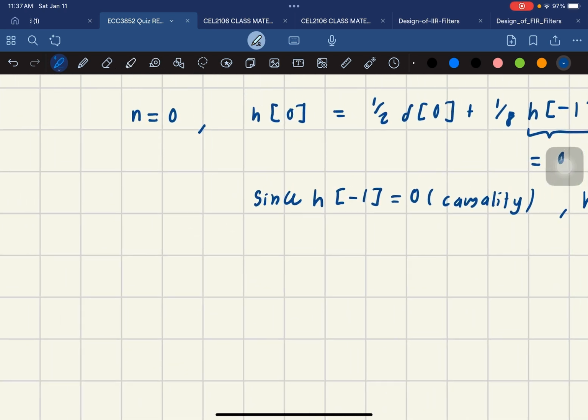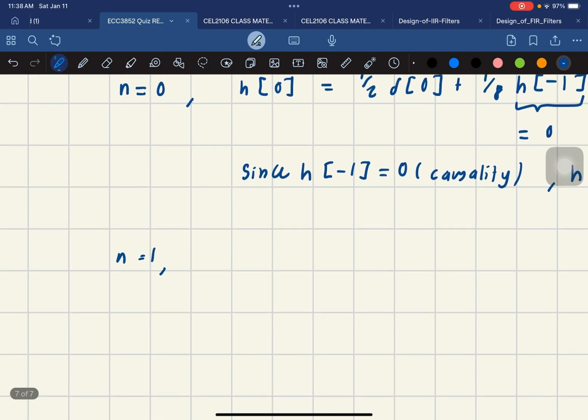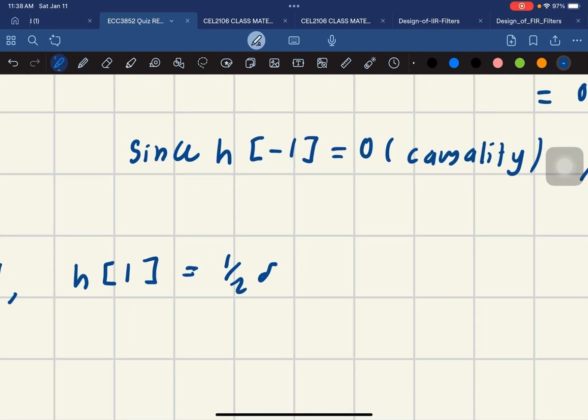Okay, so for n equal to 1, h1 is equal to 1/2 d1 plus 1/8 h naught.